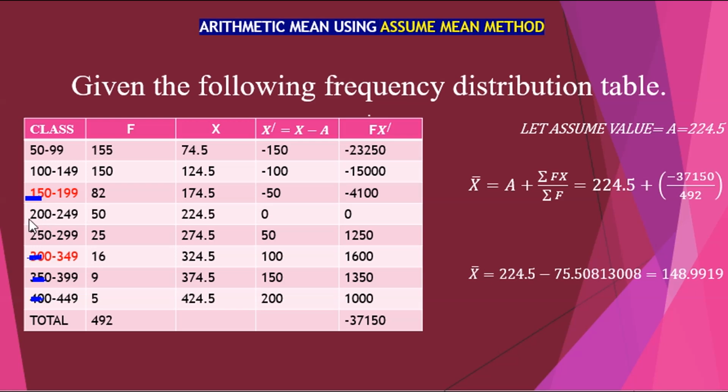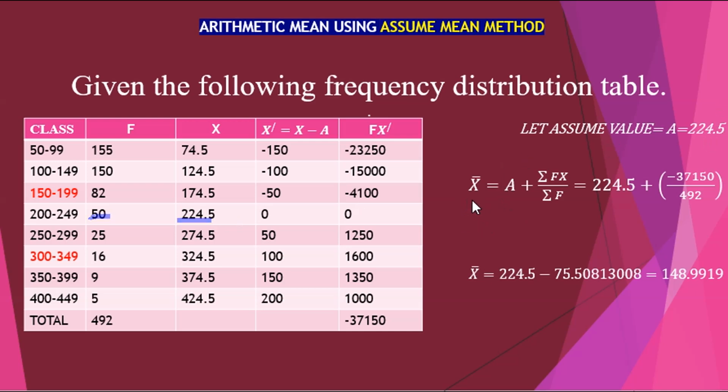And we have two class intervals that fall into the middle value with their respective frequencies 50 and 25 respectively. Out of these two frequencies, we are going to select our assumed mean value. In selecting our assumed mean value, we are going to consider the class interval with the highest frequency, which is 50. So therefore our assumed mean value is 224.5, as you can see here.